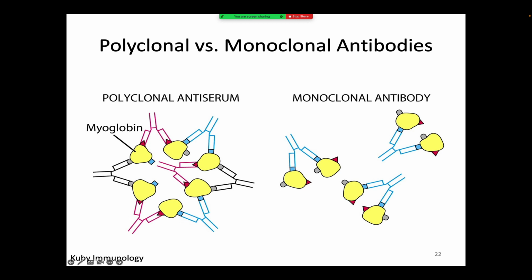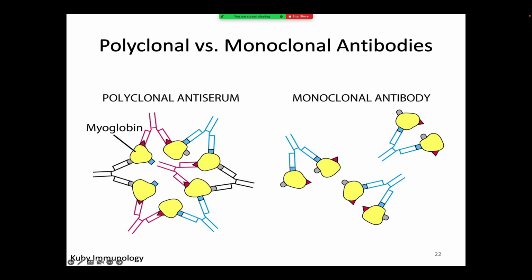Here you can see the red antibody against the triangle epitope, the blue antibody against the square epitope, and the black antibody against the half circle epitope. And if we had multiple antigens, it's even more complicated. So I can't say your antibody against HIV, your antibody against SARS-CoV-2, because there's really this whole mixture that your immune system has made of antibodies against different antigens and different epitopes on those antigens.